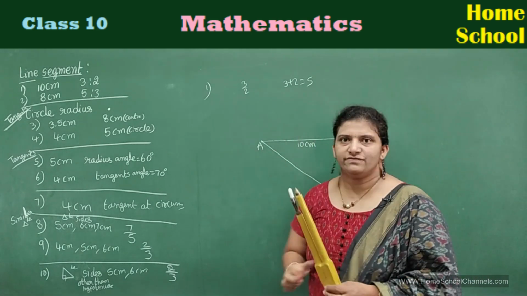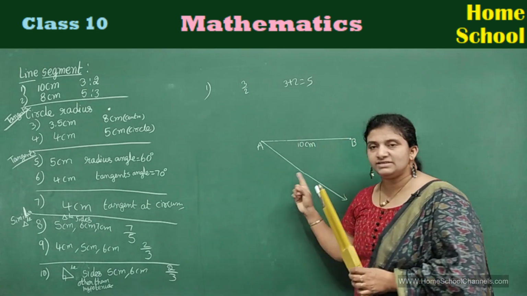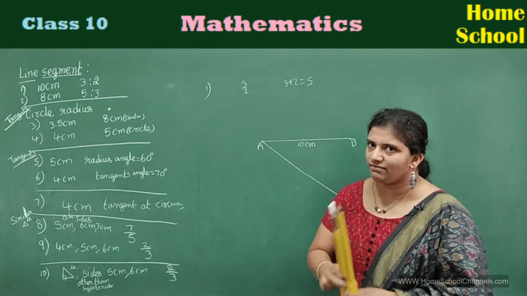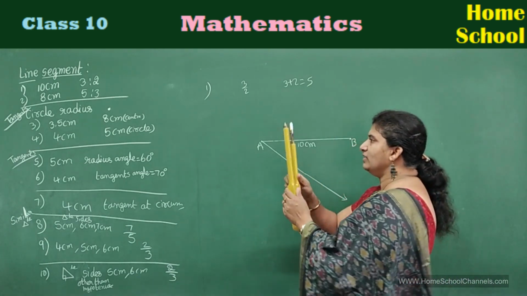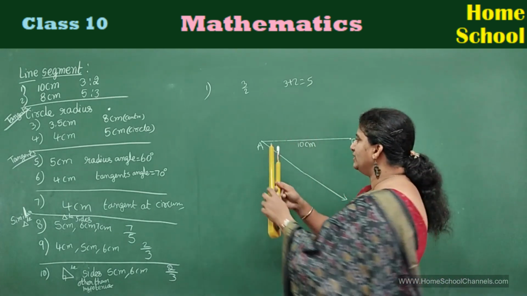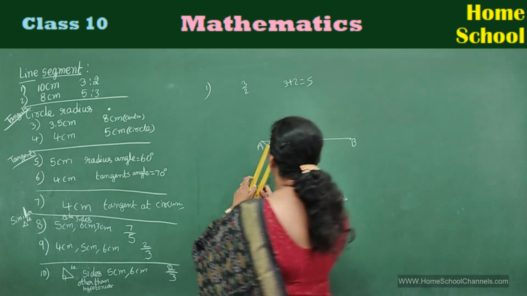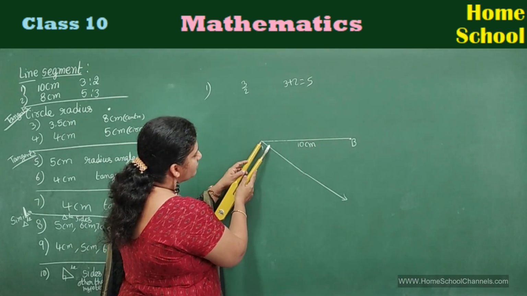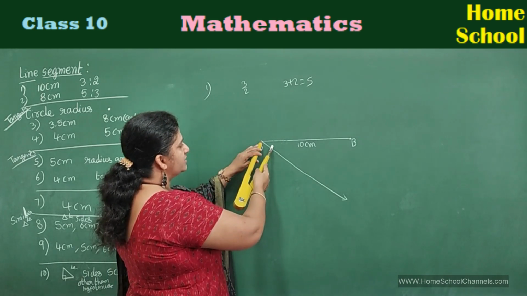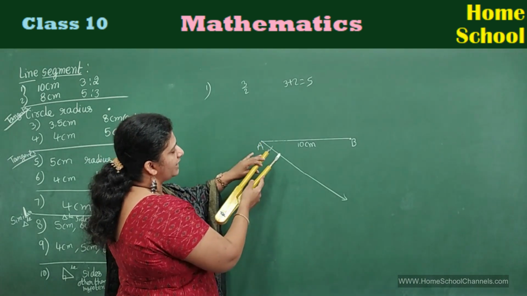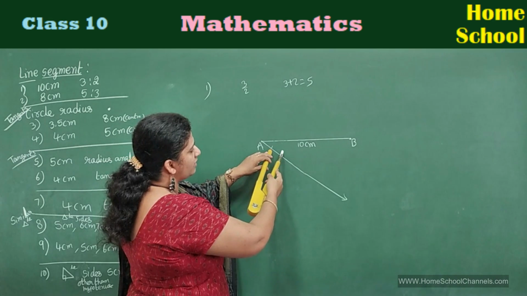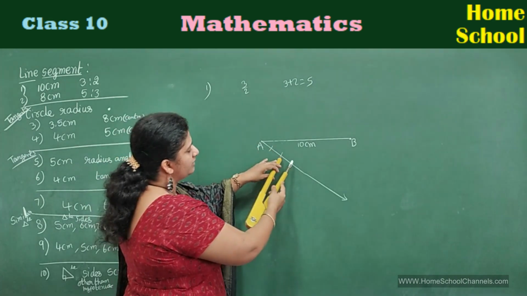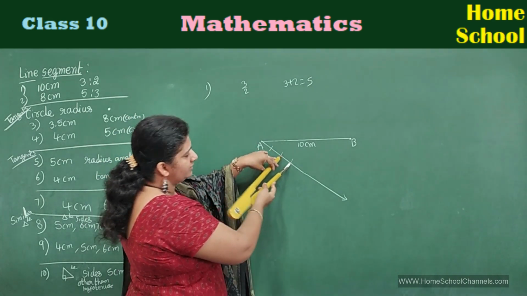3 plus 2 is 5. So now on this ray, you need to draw 5 arcs. Take a compass with the minimum measurement. So put the compass point here and draw an arc. Then lift the compass from here. Draw another arc with the same measurement.